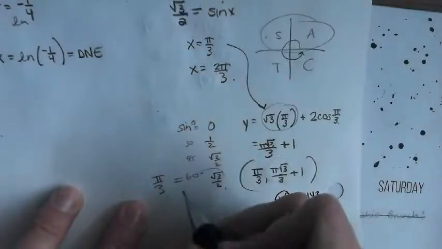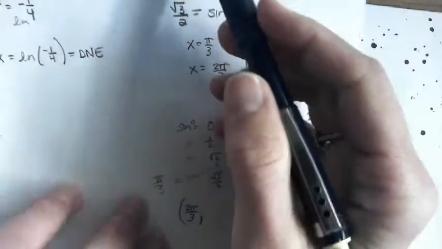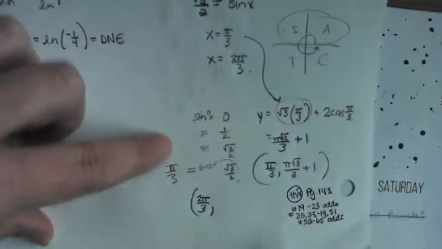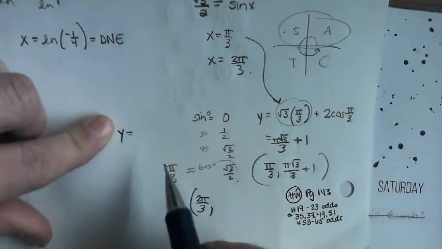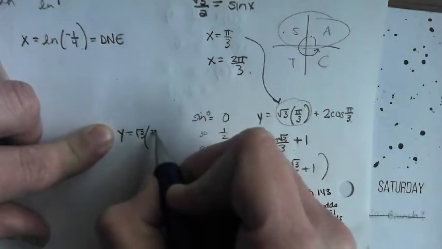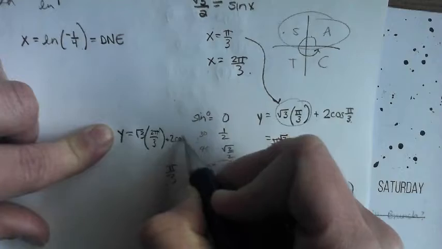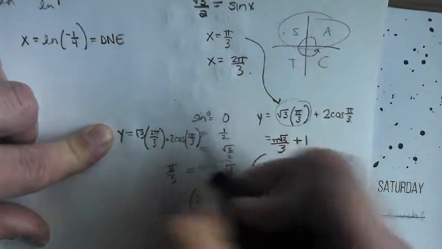The other point would be from plugging in a 2 pi over 3, which when we do that, where's my function? Y equals root 3 times 2 pi over 3 plus 2 times the cosine of 2 pi over 3.